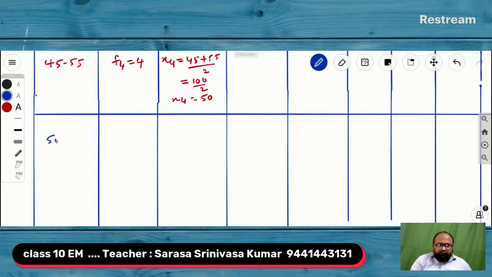So 55 to 65, frequency f5 is given as 4. Frequency is 4 for f5.